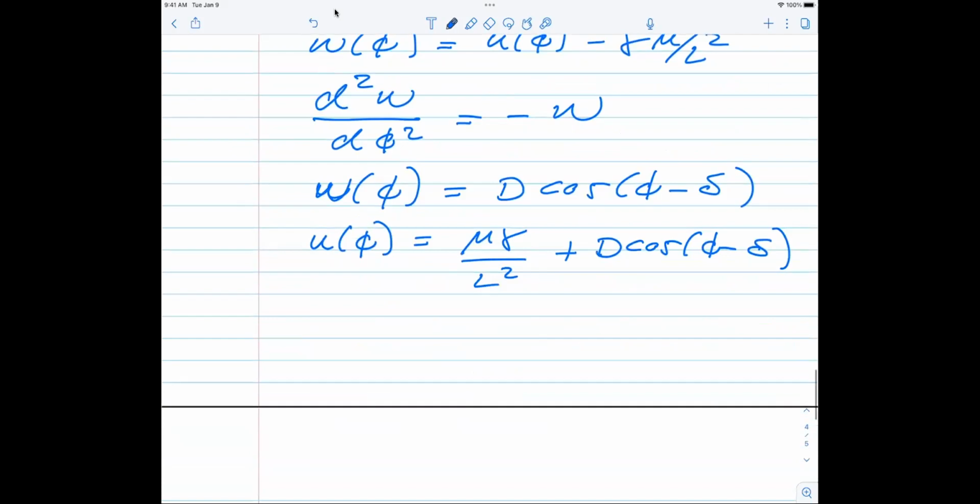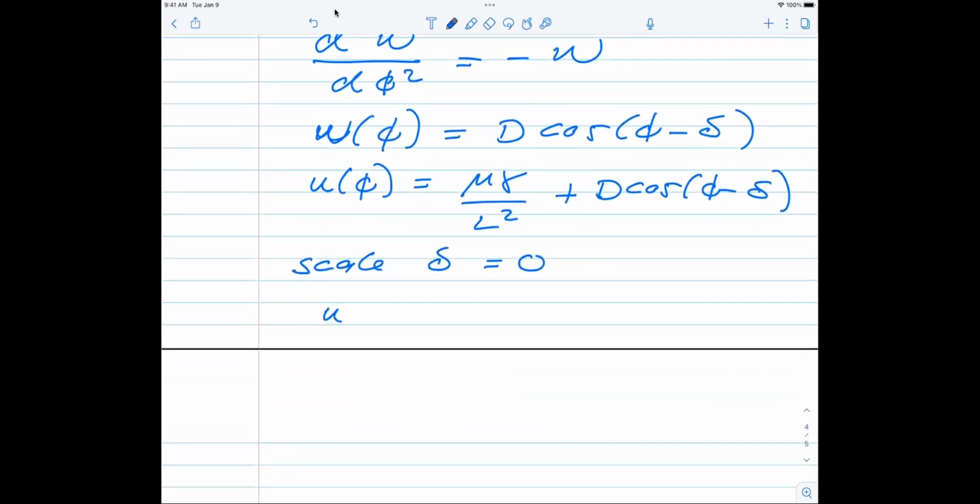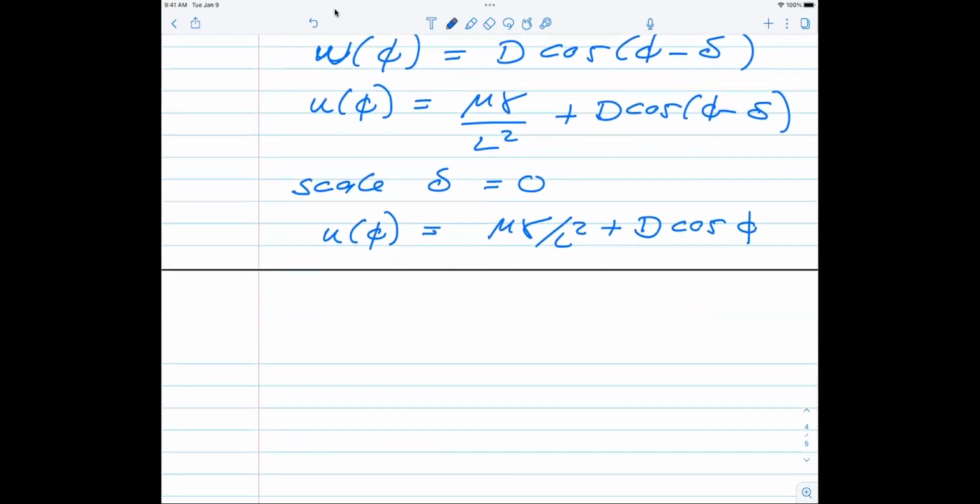We can always scale these angles so that this constant delta is equal to 0. So I get u of phi, the solution, which is given by this constant, gamma times mu divided by L squared, plus a constant d times cosine of phi. Next, I bring these two together, and I'm going to rewrite this as mu times gamma divided by L squared times 1 plus a constant epsilon times cosine phi.